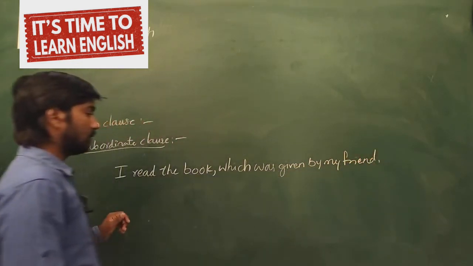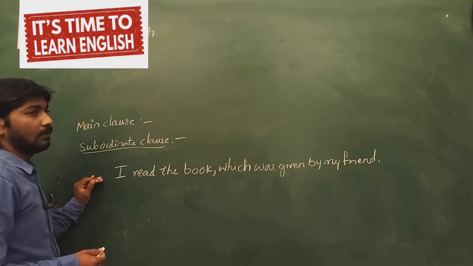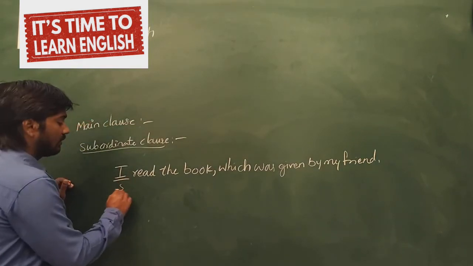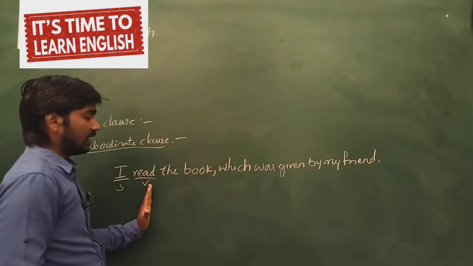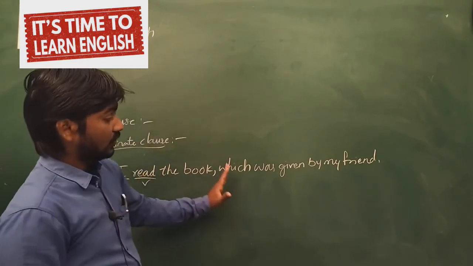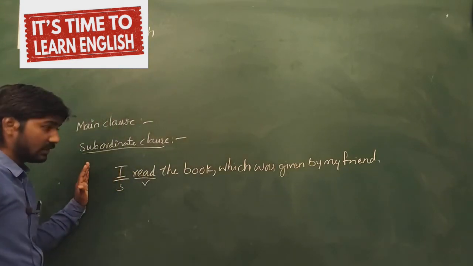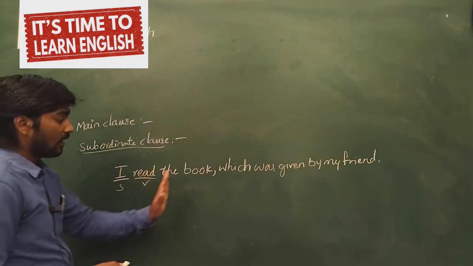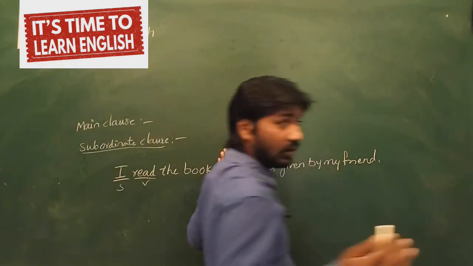I read the book. Subject and verb, so it is giving the meaning. This is the first sentence; this is the second sentence: I read the book which was given by my friend. When you read the first sentence, you are getting the meaning. So close the second one and read only the first one. I read the book. Okay, you got the meaning.